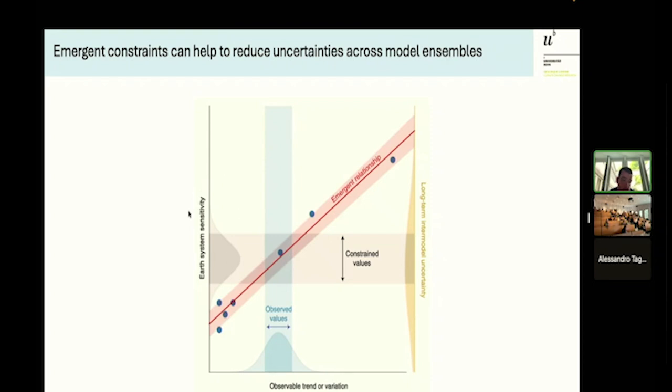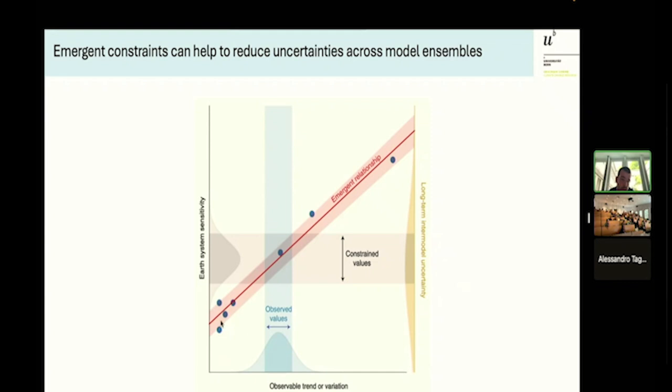In this case, the uptake of anthropogenic carbon over the 21st century. Then we plot all the models on the scatter plot, and we see that for a given boundary condition, so for a given sea surface salinity, all of the models simulate a given carbon uptake, and they all lie on the same line.